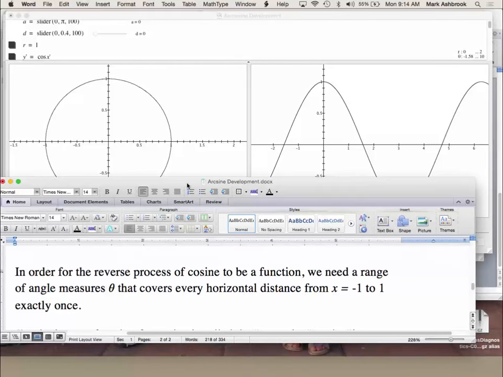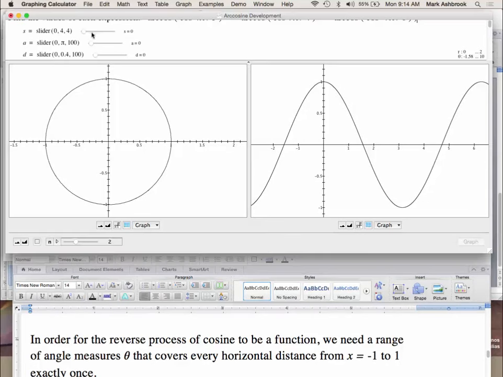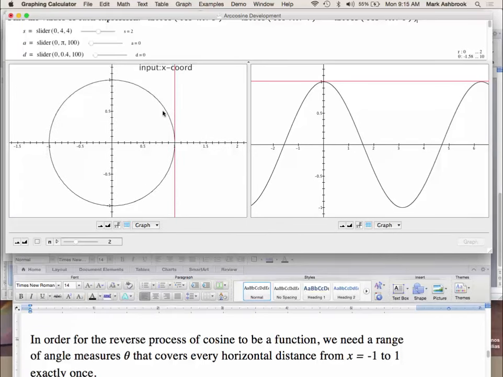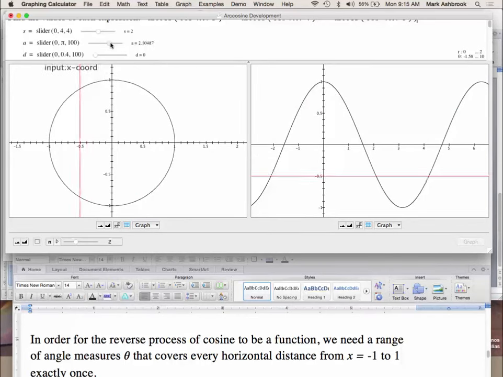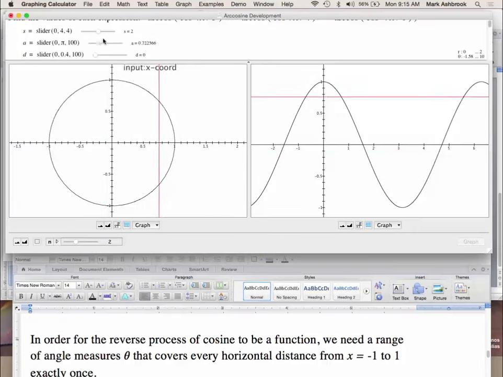Okay, so the same thing as before, but now our input is going to be the x coordinate. And it's the same issue as before.